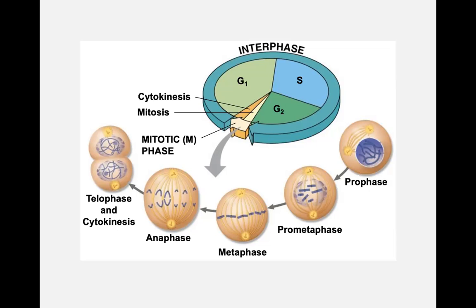So we have prophase first, and then prometaphase, and then metaphase. So prometaphase is in between prophase and metaphase. It's pretty easy to remember. Then you have anaphase, and then telophase, which is followed quickly by cytokinesis.